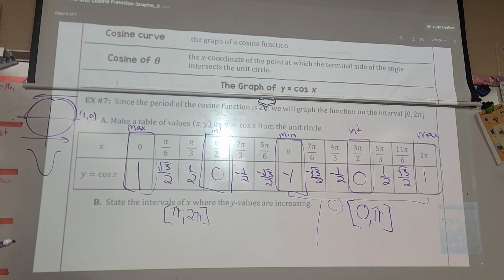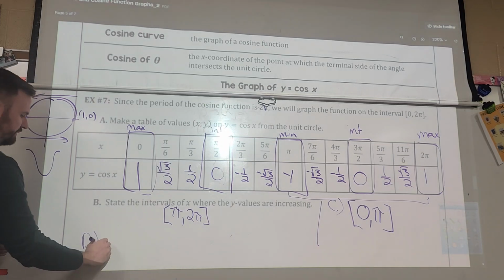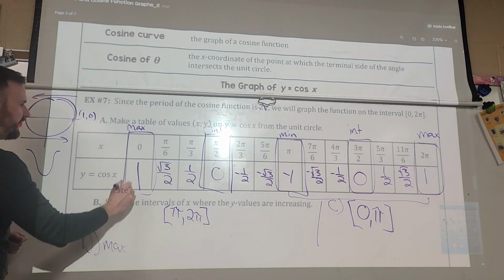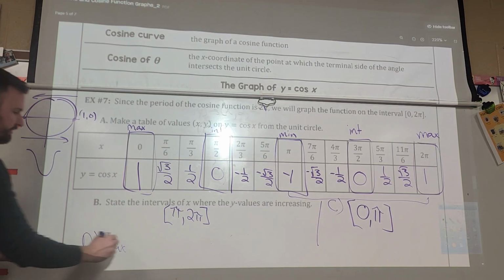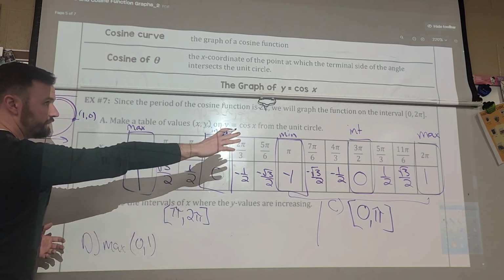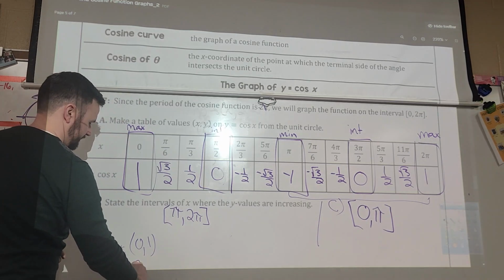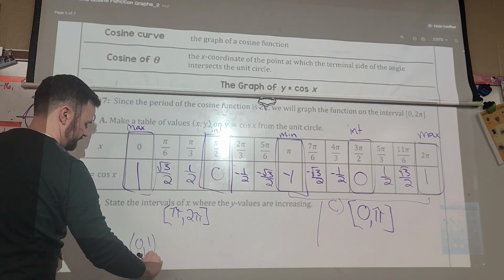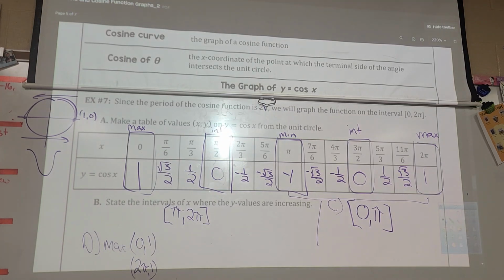So, what are my maxes and what are my mins for D? So my max, I have 2 points on this one, right? I have 0, 1 and 2 pi, 1. On this interval, right? There's infinite maxes, right?